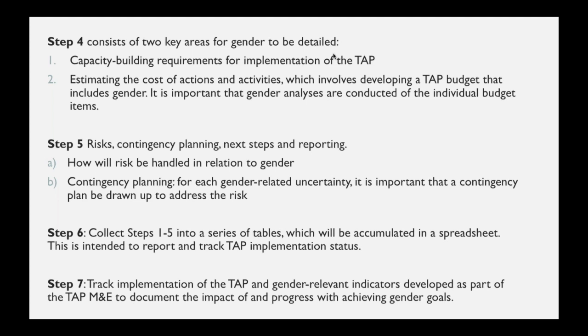And that leads me to the final step: make sure to track implementation of the TAP. As part of that, it's really essential that gender relevant indicators are developed as part of the TAP process. And these need to be carefully monitored and reported on in order to document the impact and demonstrate the effectiveness of the gender responsiveness, as well as progress with achieving gender goals.